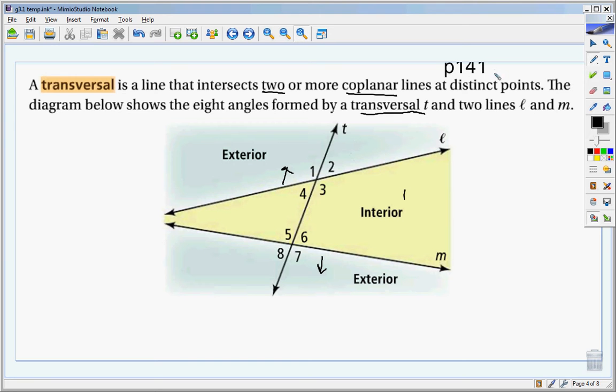And again, this definition you can find on page 141 of your textbook. Everybody good?